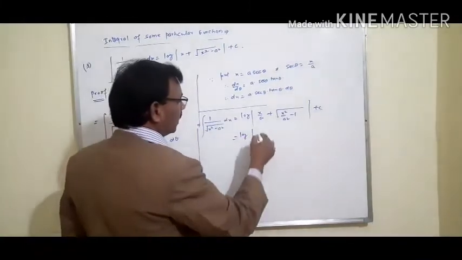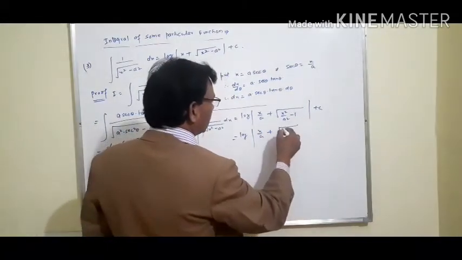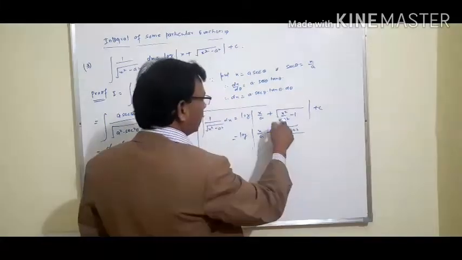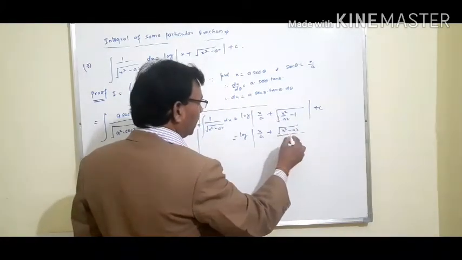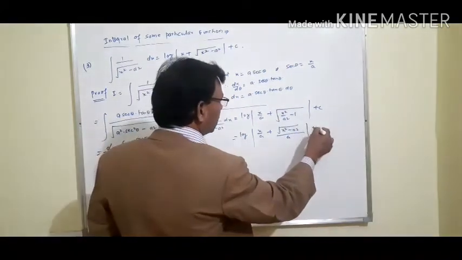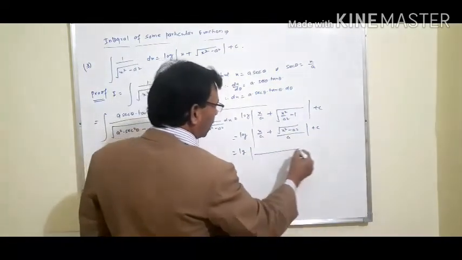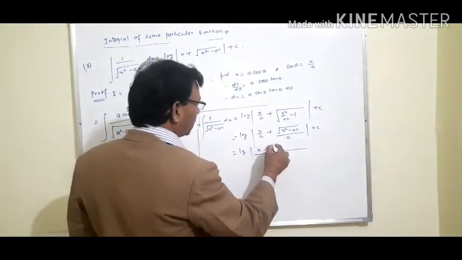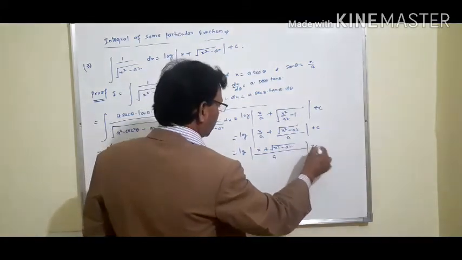Log of x upon a plus, if you take the LCM, this will be x square minus a square whole upon a square, but this is in the square root, so outside of this root it will be a, plus c. Again taking the LCM of a and a, this will be a, then log of x plus root under x square minus a square upon a plus c.